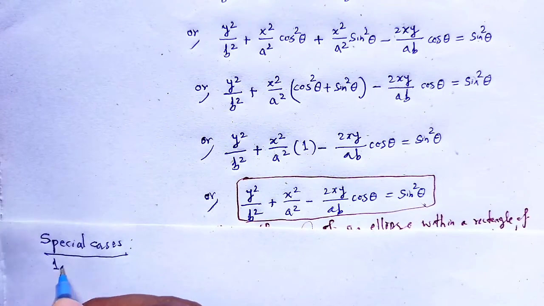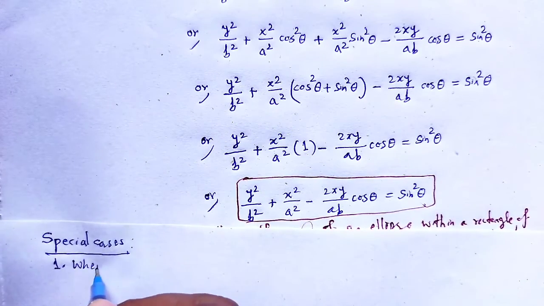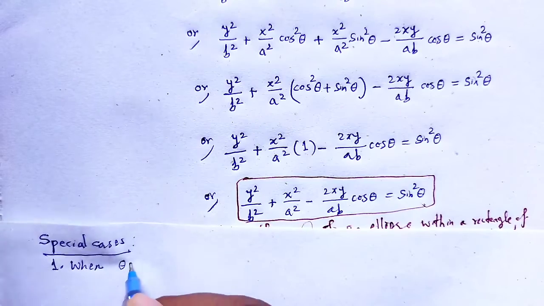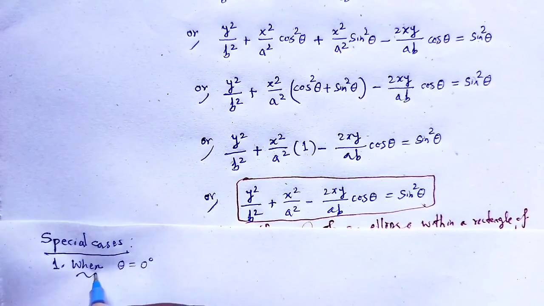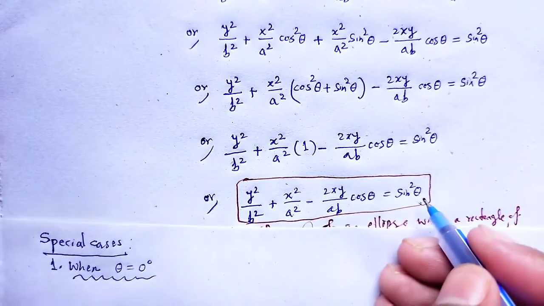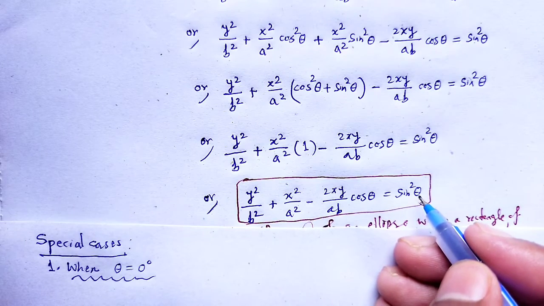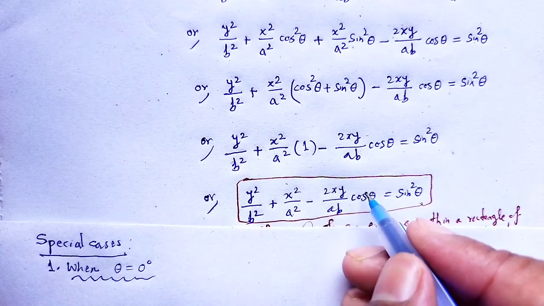First case, when theta is equal to 0 degree, sin 0 is 0, cos 0 is 1.